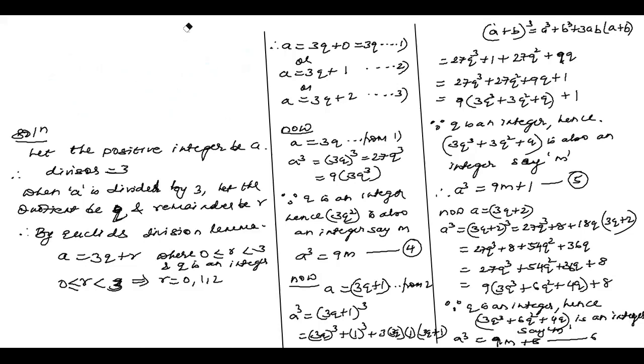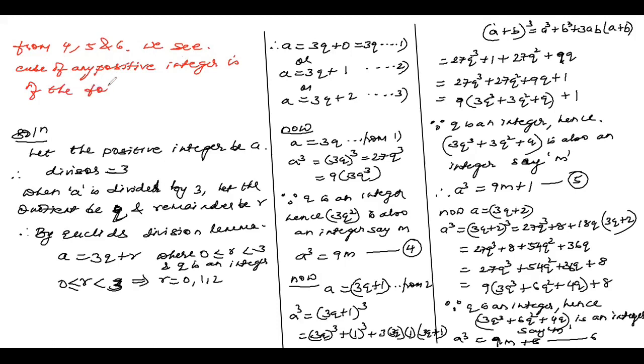So now what I can say is, from statements 4, 5 and 6, we see that the cube of any positive integer is of the form 9m, or 9m plus 1, or 9m plus 8.